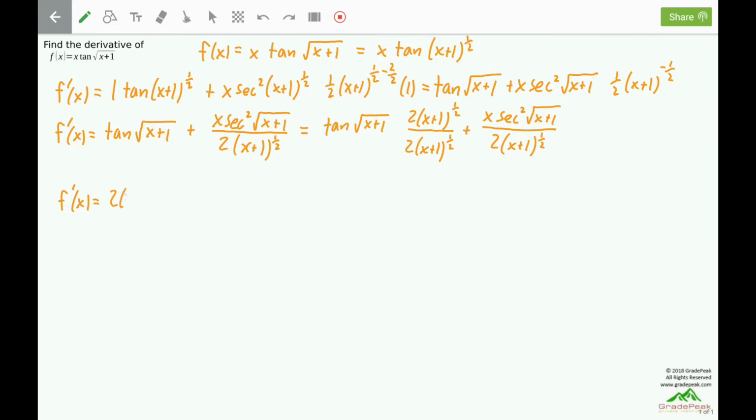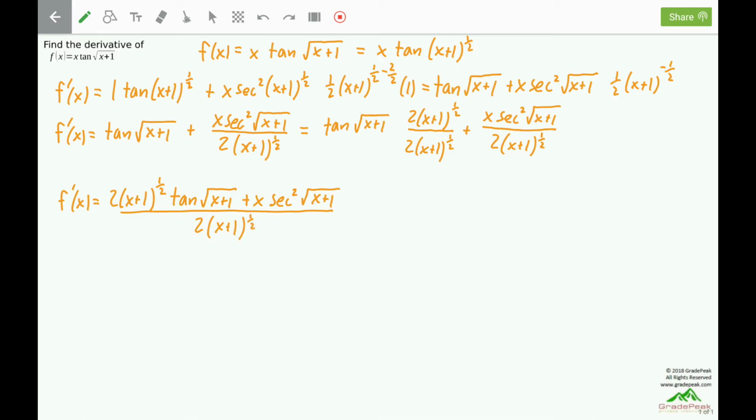So I will have 2 times x plus 1 to the 1/2 times the tangent of the square root of x plus 1 plus x times secant squared of the square root of x plus 1. All of it is over that common denominator now of 2 times x plus 1 to the 1/2.